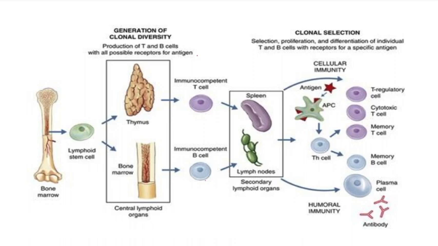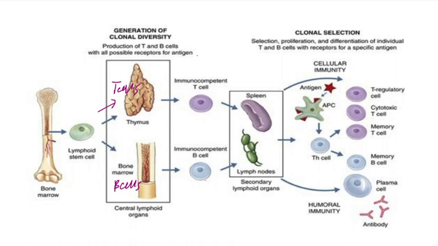So here we have the bone marrow, we have that lymphoid stem cell, then we differentiate into B cells and T cells. T cells migrate to the thymus. B cells stay in a special area of the bone marrow for their clonal diversity. This is what we consider once we get out of the primary tissue, the thymus or the bone marrow. Then we go into circulation and then migrate to secondary lymphoid organs such as the spleen or lymph nodes.